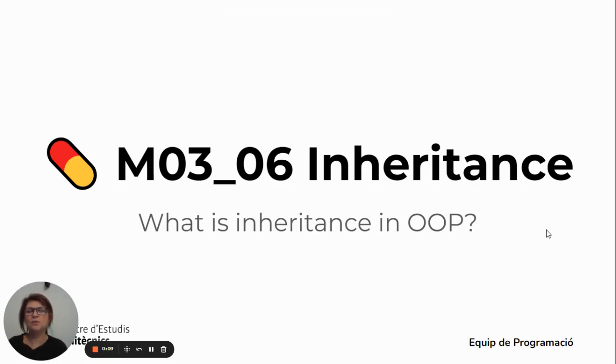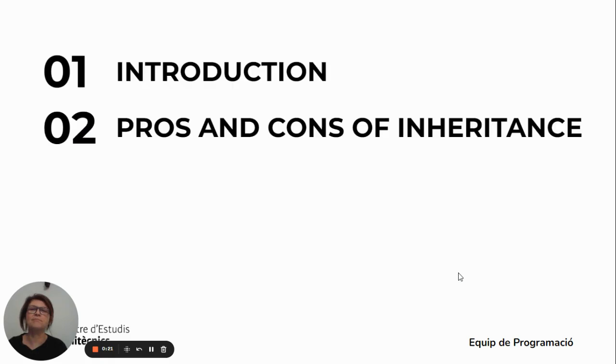In this video, we're going to talk about relationships between classes, and basically we're going to talk about inheritance. So what is inheritance in object-oriented programming? First, we'll just do a little intro, and then we'll talk about the pros and cons of inheritance.